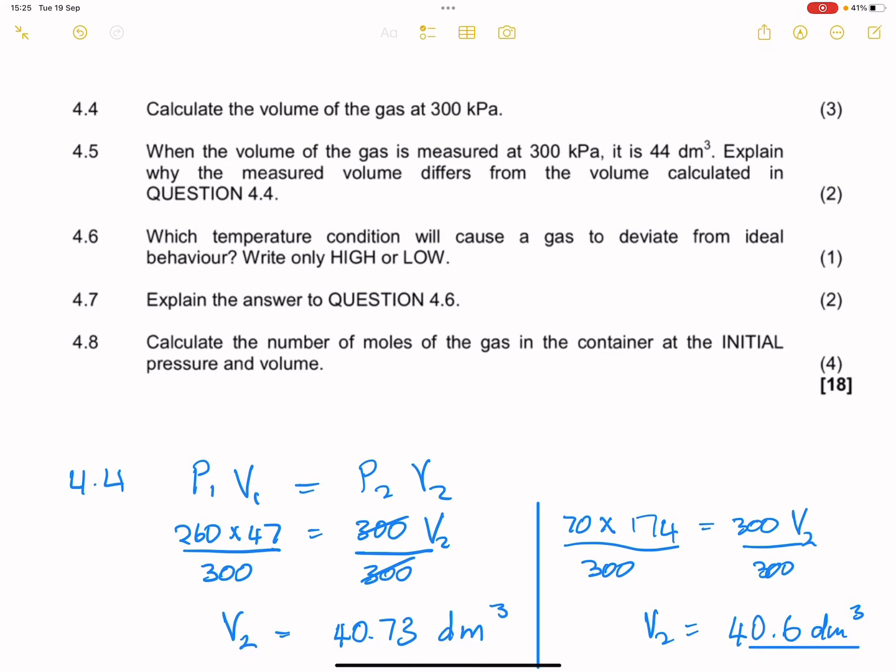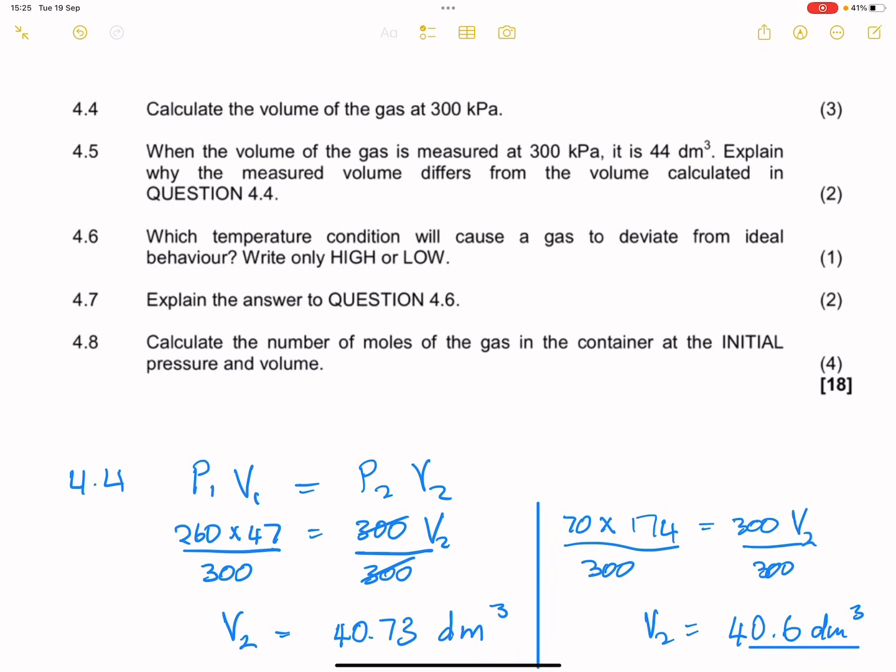In this case 4.6, they say which temperature conditions will cause a gas to deviate from ideal behavior, only high or low.